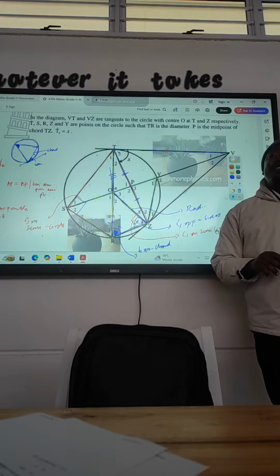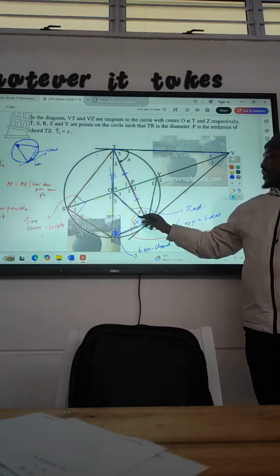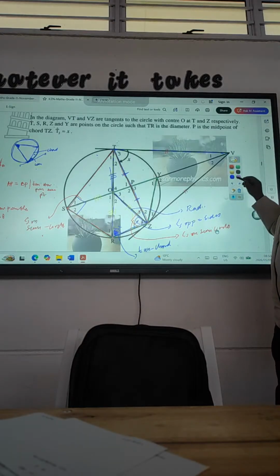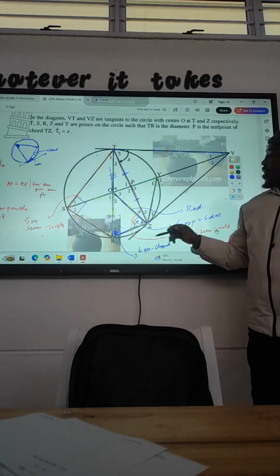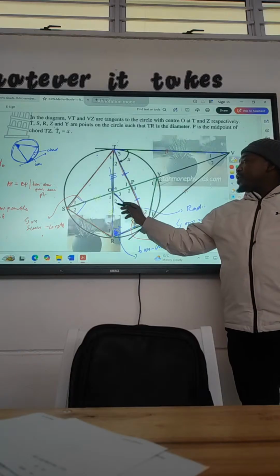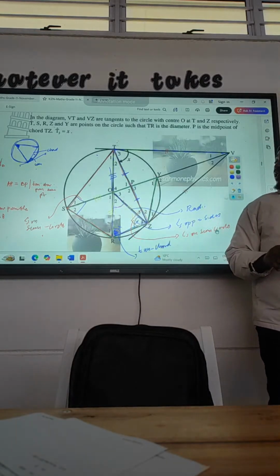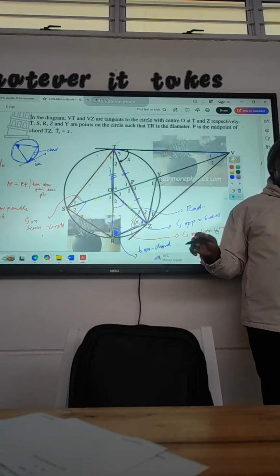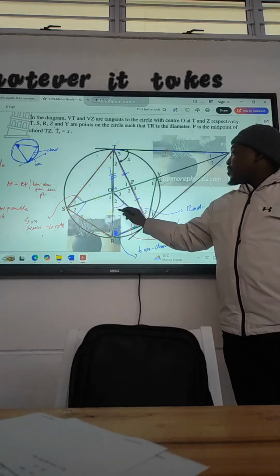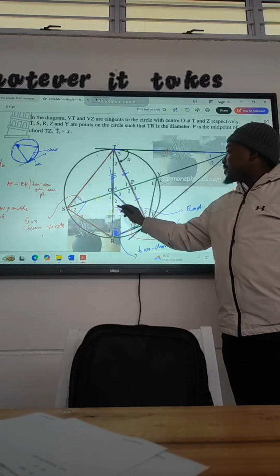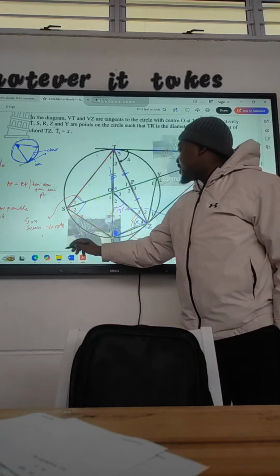We're taking down everything that we know. 90 degrees, these two combined will give us 90 degrees. Now let me ask you, what will be the third angle here? It will be 180 minus 2x, and then we'll have the sum of angles in the triangle.